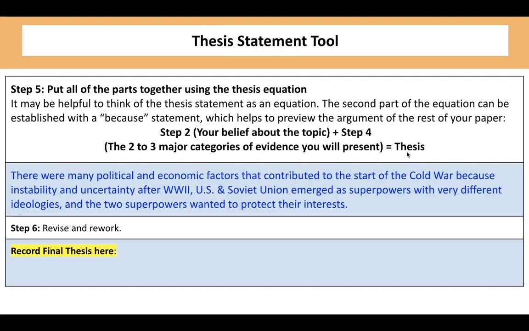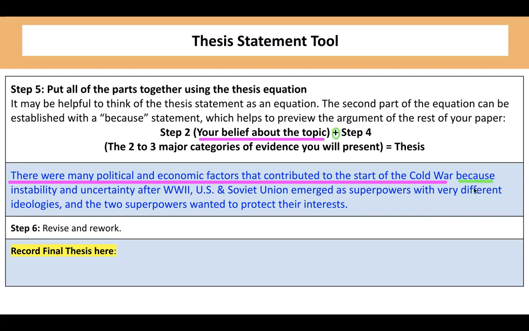So here is how I put everything that we had done from steps 2 and 4 together. What you'll notice is that I have step 2 here. There were many political and economic factors that contributed to the start of the Cold War. That's my step 2, my initial answer, my belief about the topic. And then I have my because, which is our plus sign here.